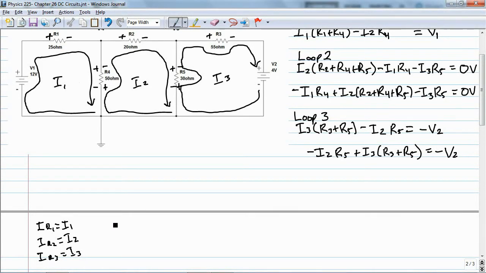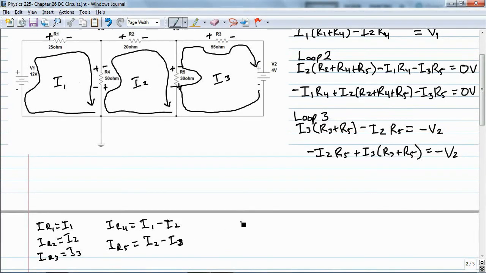Then IR4 is going to be equal to, well, I have I1, and that loop current is opposed by loop current I2. And for IR5, I have I2 minus I3.